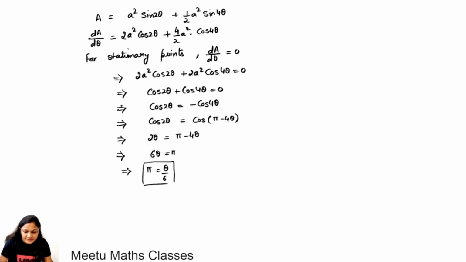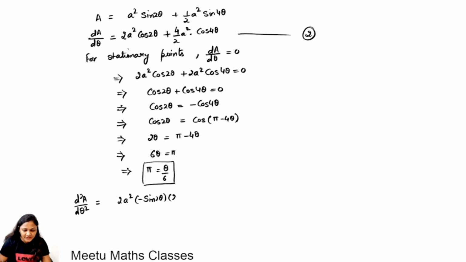And this is your stationary point. Now we have to check whether this is the point of maxima or not, and for that we are going to differentiate dA by d theta again. Now differentiating again, d square A by d theta square will be equal to 2a square times the derivative of cos 2 theta, minus sin 2 theta, and in turn the derivative of 2 theta, 2, plus 2a square times the derivative of cos 4 theta, minus sin 4 theta, and in turn the derivative of 4 theta, 4.